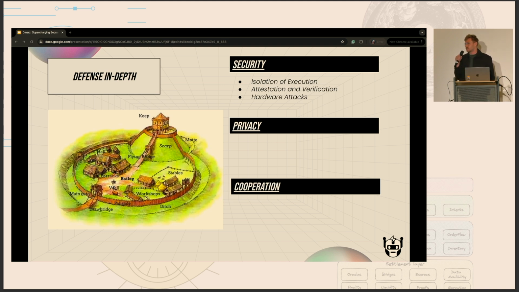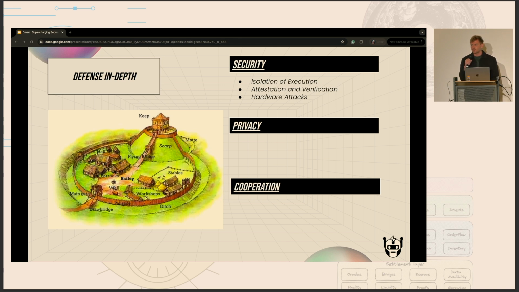The core idea is that you essentially have layers of security, and modern computers and infrastructure have many different layers here. So I think for security, TEs provide defense in depth by giving you isolation of execution. This isolates sensitive computations from the rest of the system, ensuring that even if the operating system is compromised somehow, the code and data within the TE remain protected.